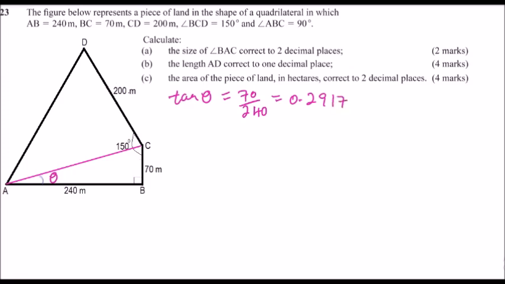You can now get the tan inverse of that, and you get theta is equal to 16.26 degrees. So that is how you get that angle BAC.